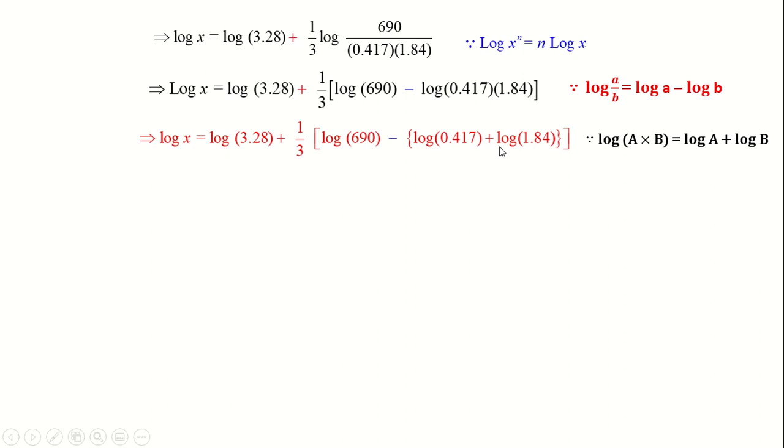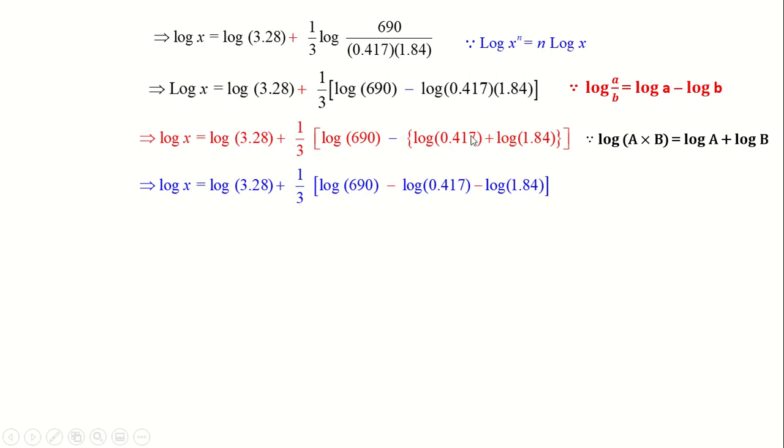Be careful about each and every step. If you directly write it as minus log of 0.417 minus log of 1.84, then it will be right, as in the next step it becomes minus. Minus into this quantity is minus, minus into plus is again minus. If you leave this step, even then it will be true.